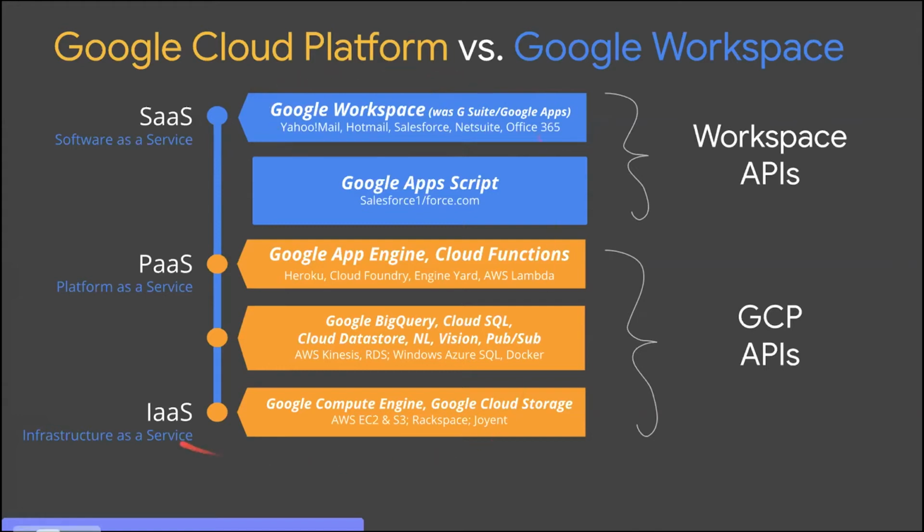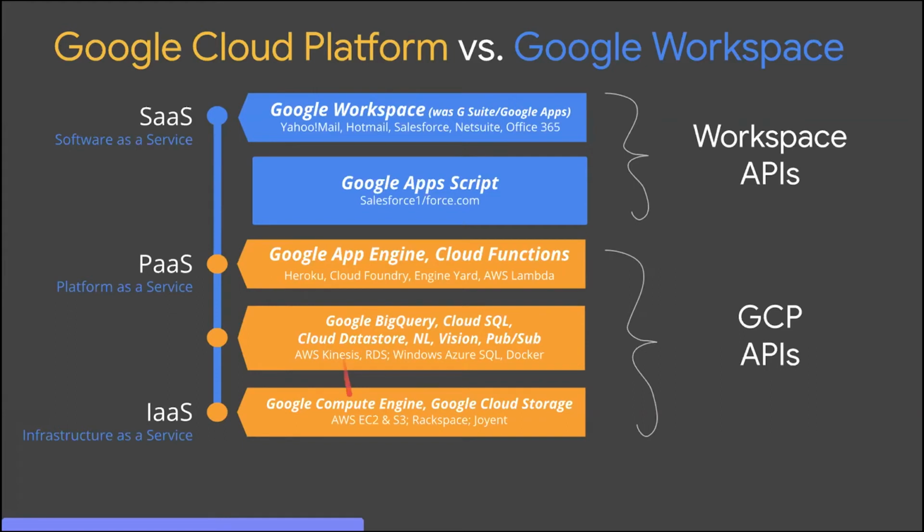And of course, down at the bottom, we have infrastructure as a service. That's basically all your virtual machines and big disk and things like that. And then in between, we have platform as a service. So these are all the services where you can write code, you upload it to these systems, and they run it for you. And then, of course, there's always gray areas in between.